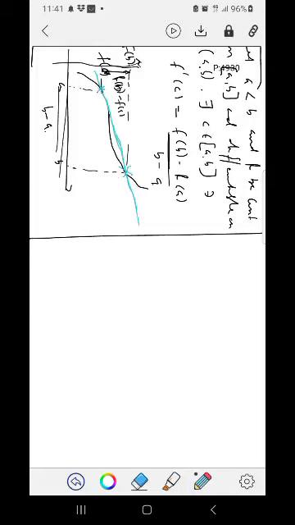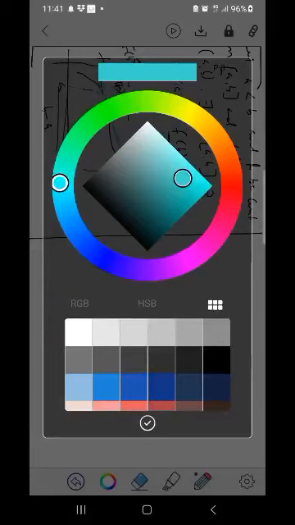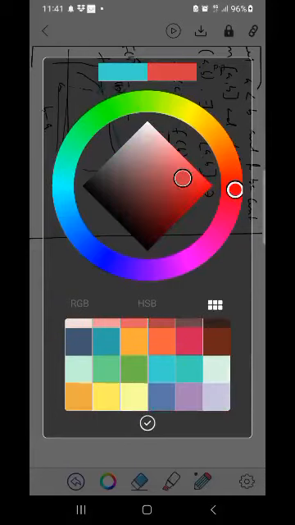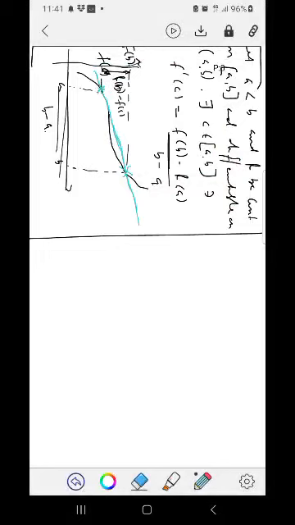If we draw that straight line, the change along the x-axis of this straight line, let me pick another color, red this time, is of course b minus a. And the change along the y-axis is f of b minus f of a.